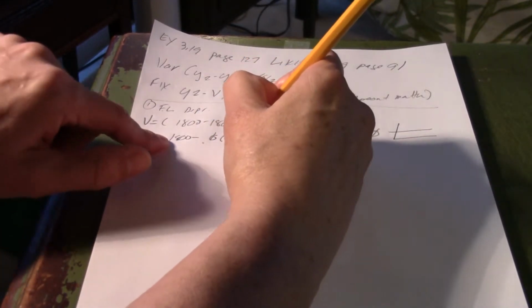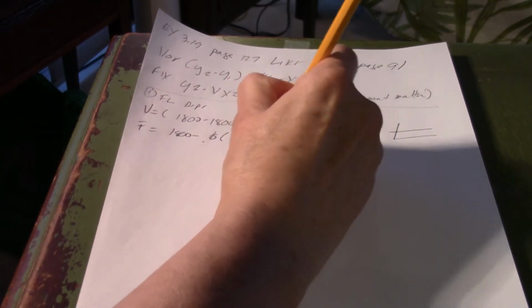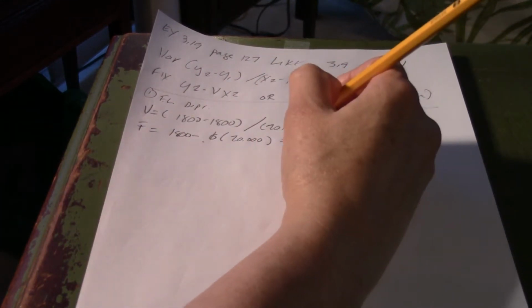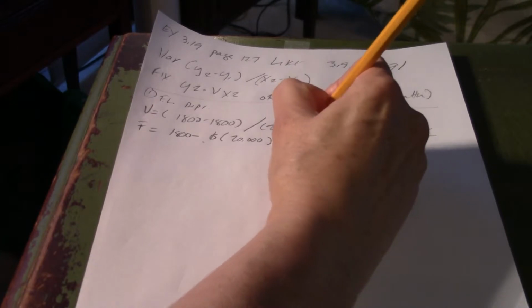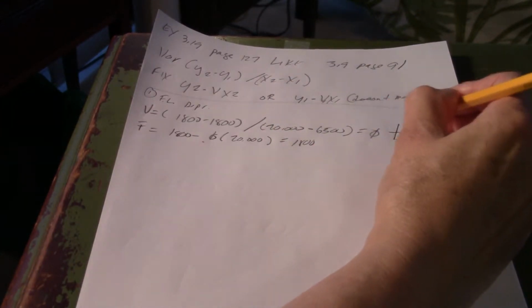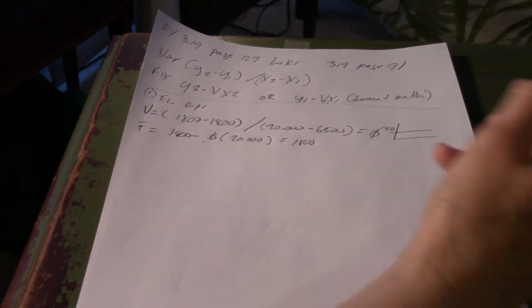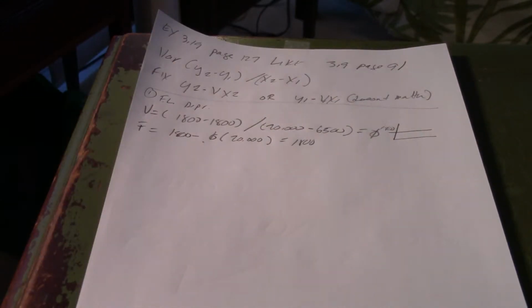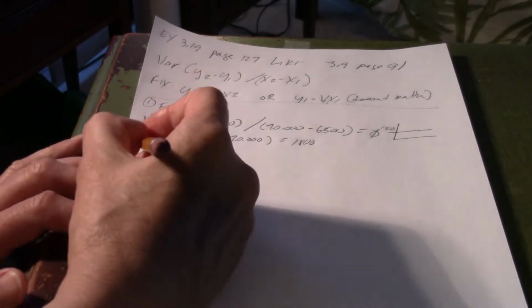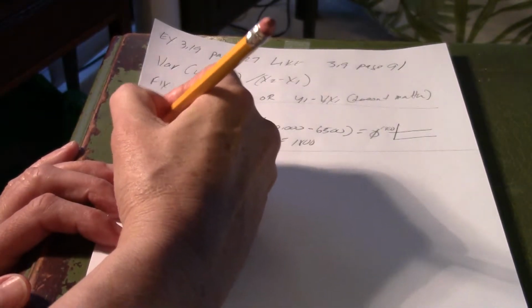We'll pretend this is y2, right? And of course that is equal to 1,800. So now we know that this line, the intercept, is 1,800. We already kind of knew that because we could see it was a fixed cost, but that's how the formula works. Let's do the next part of the formula.